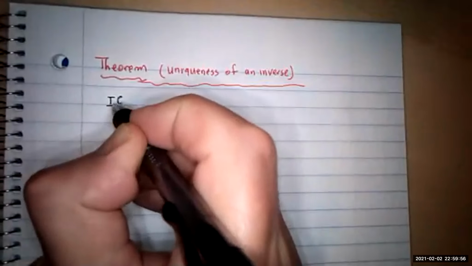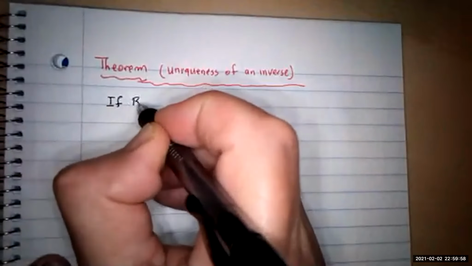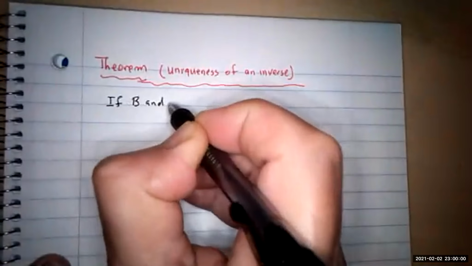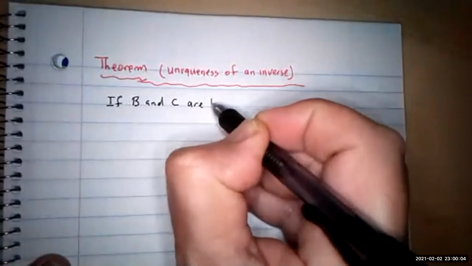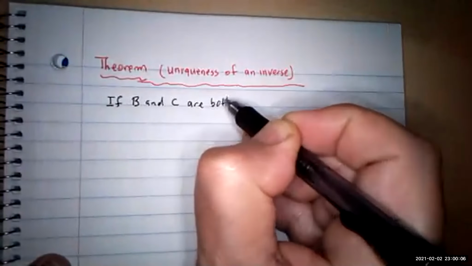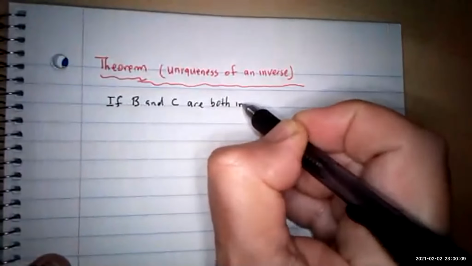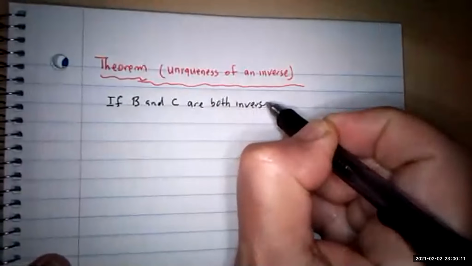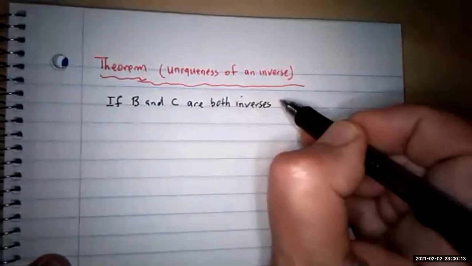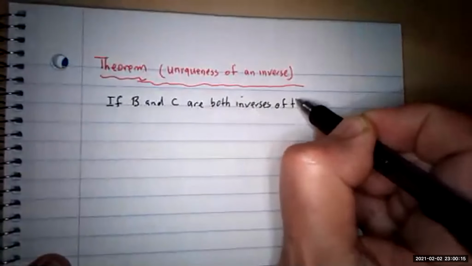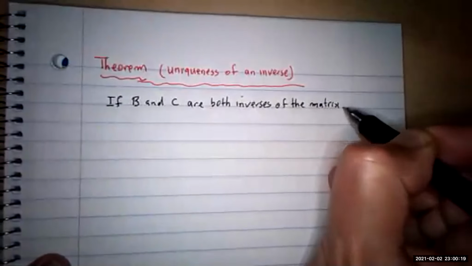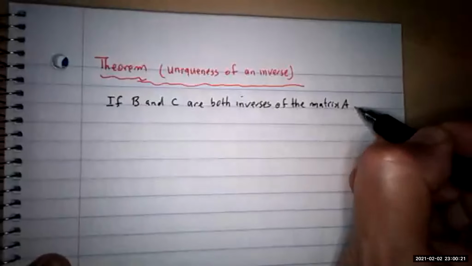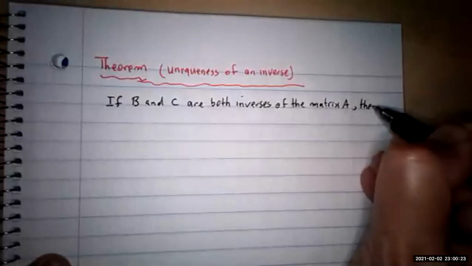If B and C, both of them are inverses of the matrix A, they must be equal to each other.